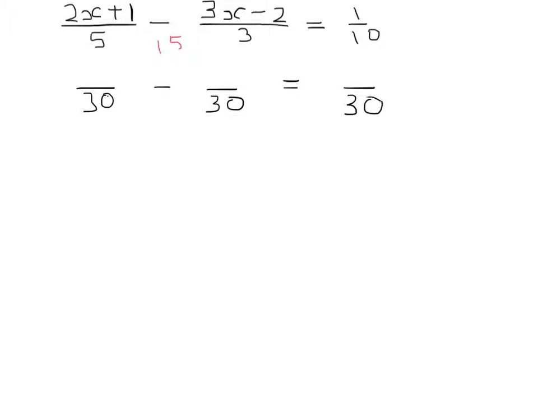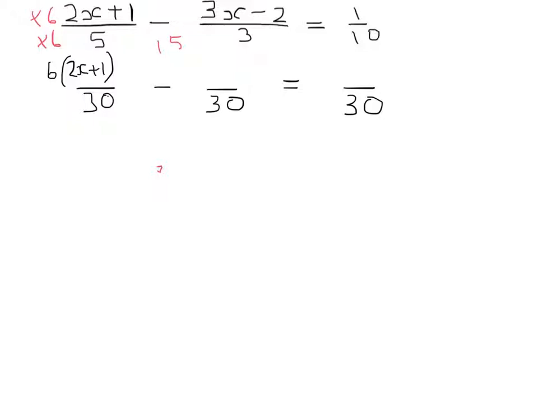And then we have to sort out the numerators of each of these fractions as we would when we're solving regular fractions. So for our left-hand fraction here, we are multiplying the top and the bottom by 6. 6 times 5 is 30, so we need to multiply that top term by 6 as well. So we get 6, open brackets, 2x plus 1, because it's the whole of that top term that's being multiplied.